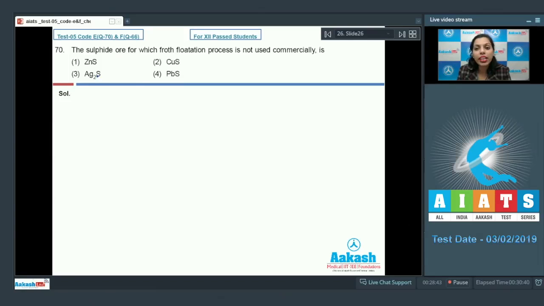For silver sulfide, we do not use the process of froth flotation because it is not commercially economical. And that's why I'll choose it as the correct option. I just want to make clear here also that if we talk about silver sulfide, for that we use the process of leaching. That's hydrometallurgy. And that's why the correct answer is option 3.